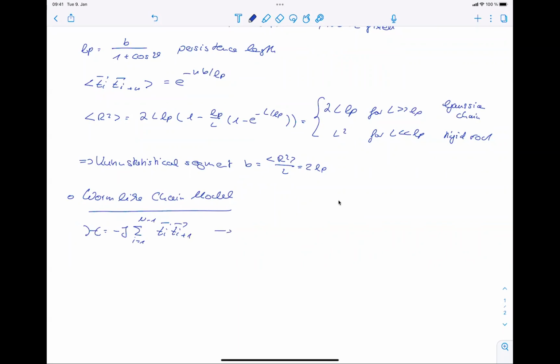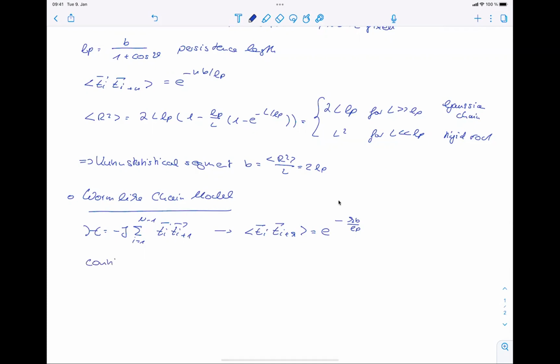Again, this should remind us of what we solved for as a tangent-tangent correlation in the paramagnet.